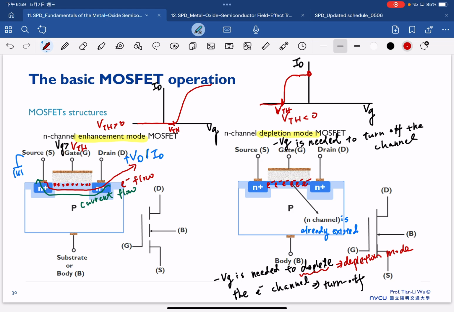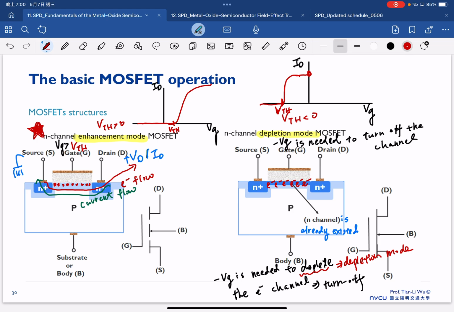Compared to the enhancement mode, the reason why we call it enhancement is because the electrons in the channel are given the positive bias to enhance the channel carrier. So that's why we call it the enhancement mode device. And compared for the real practical consideration, the enhancement mode device is more popular, being used in most of the applications, and only in very few cases do we use the depletion mode.